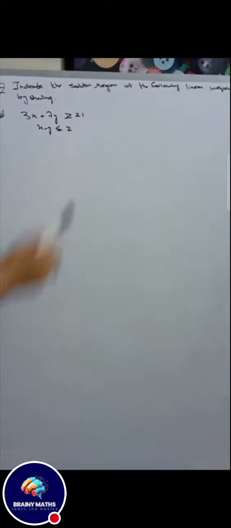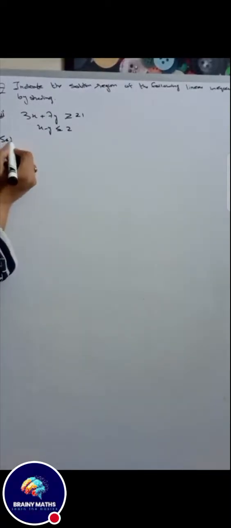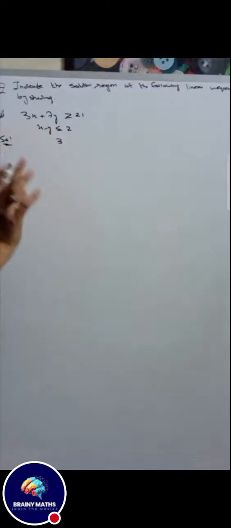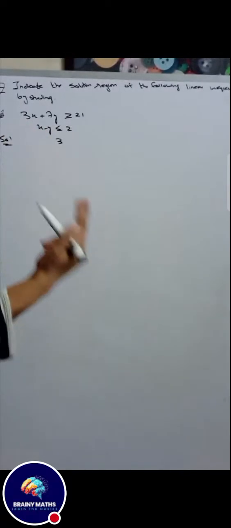Alright? Now the question: represent the following inequalities by shading. Again, they have given you two inequalities and you have to show these inequalities on the xy-plane. So let's begin. Solution. First we convert these into the associated or corresponding equations. I have told you: 3x + 7y = 21.